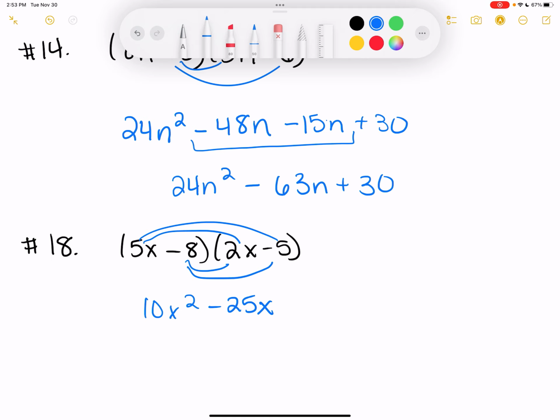Negative 8 times 2x. Negative 8 times negative 5 is 40. Combine the middle. So 10x squared minus, what's that, 41? It's plus 40.